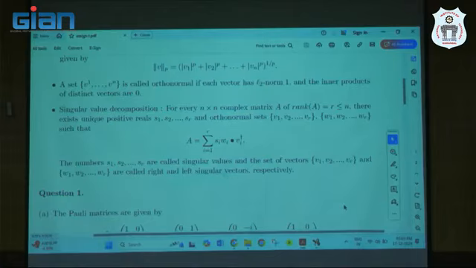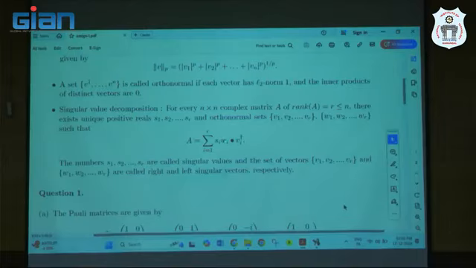Singular value decomposition, this is a new thing. For every matrix A, there is a thing called its singular value decomposition. For every n cross n complex matrix A of rank R less than or equal to n, there exist unique positive reals S1, S2 up to SR and orthonormal sets V1 to VR, W1 to WR such that A is written as the summation i from 1 to R of Si times Wi dot Vi dagger.